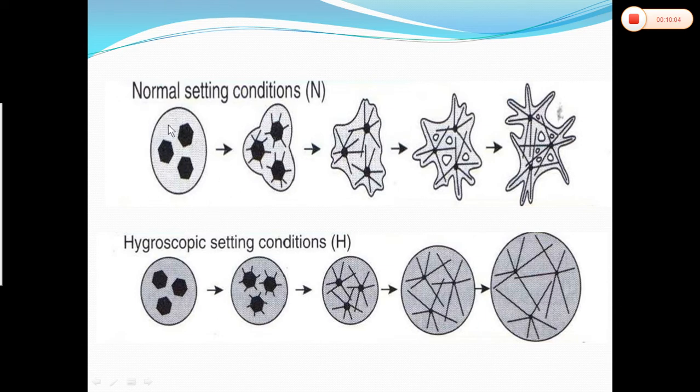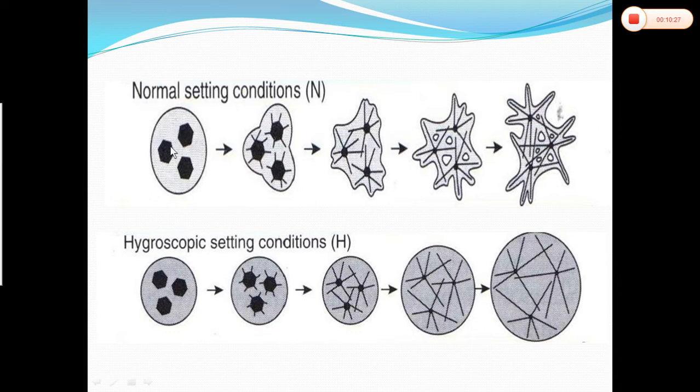Whenever they ask any question, this diagram has to be drawn neatly. In normal setting expansion, it is represented by N. Hygroscopic setting expansion is given by H. Here, when you mix hemihydrate with water, powder particles will be dissolved in water.